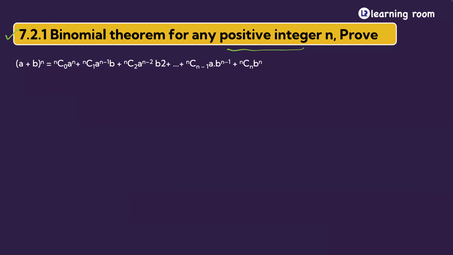We will write it. (a + b) whole raised to the power n. So what is the first step that we are going to do? a power n, and here you are going to have b power n. Am I right? Then plus something, some coefficient is going to come, something into a power (n minus 1) into b power 1. Then I'll write in this order itself.